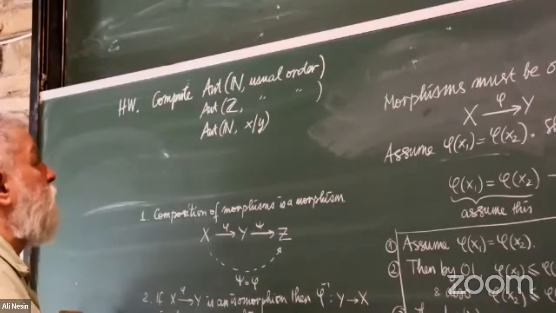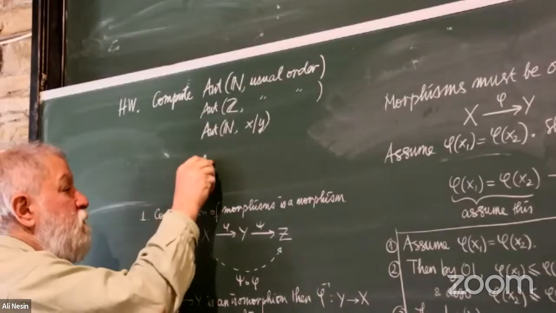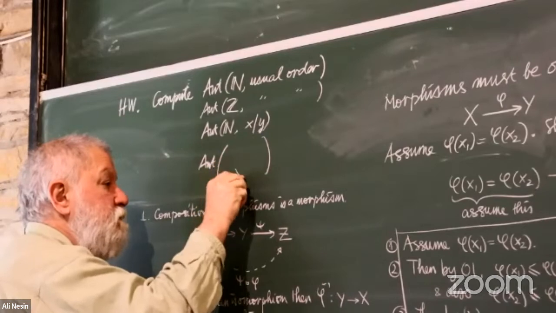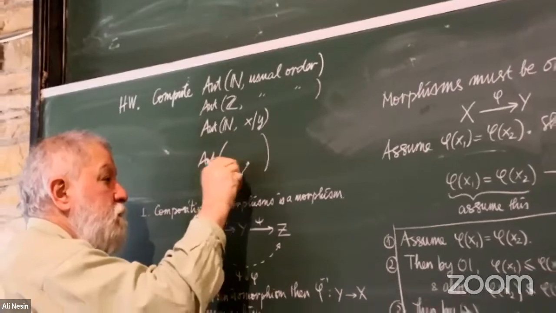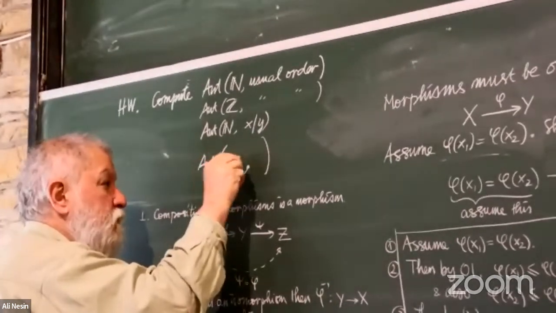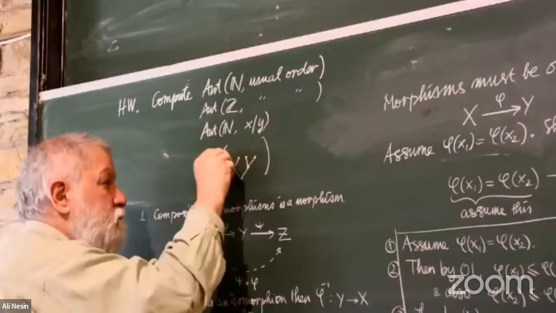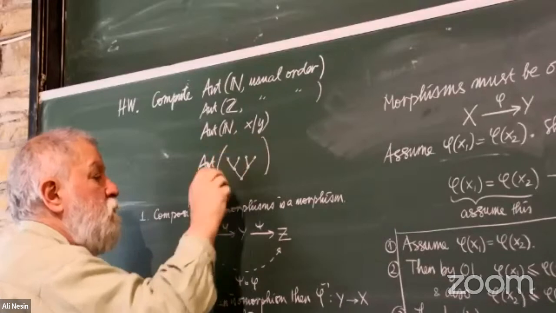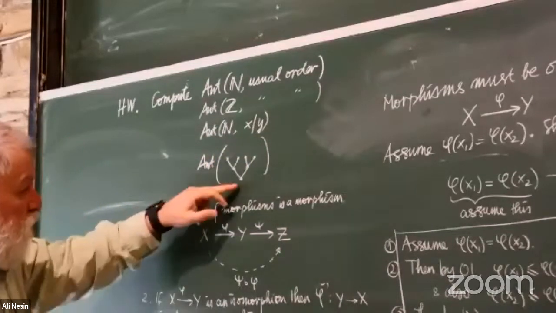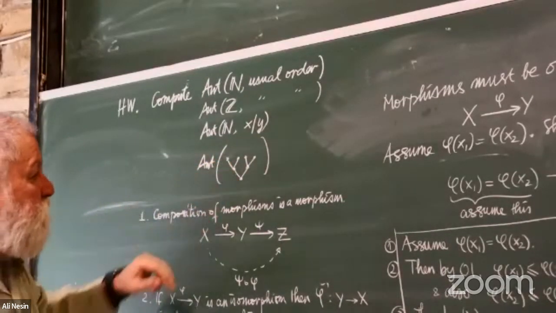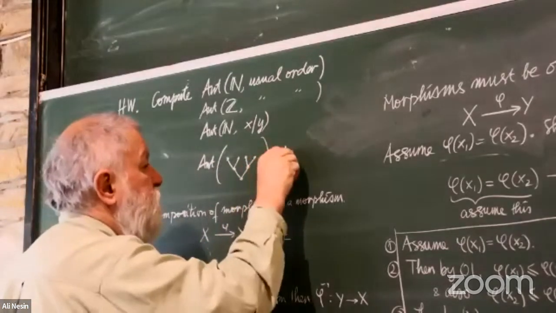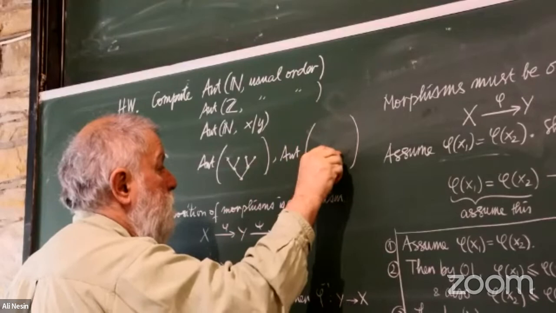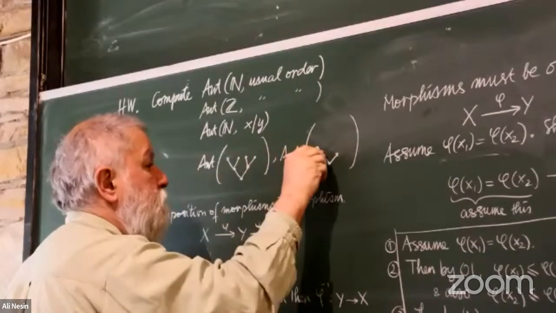What else can we do? Compute automorphisms of this poset. There's one element here, larger here, two by two, like this. Small ones are here, large ones are on top. And then take one more step, automorphisms of this, which was two floors.